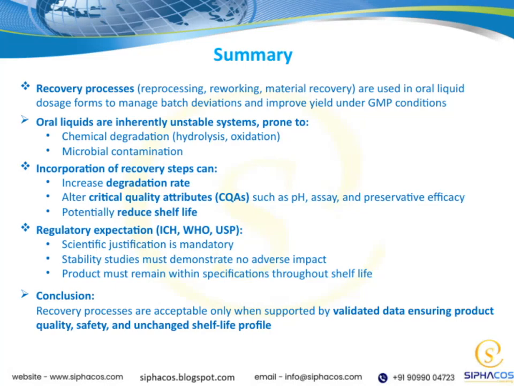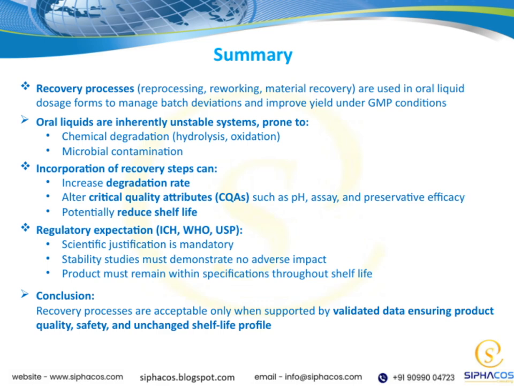Let's take a moment to summarize the key points about recovery processes in oral liquid dosage forms. These processes, which include reprocessing, reworking, and material recovery, are essential tools used under GMP conditions to manage batch deviations and to improve overall yield. Now, since oral liquids are inherently unstable systems, they are prone to issues like chemical degradation, such as hydrolysis and oxidation, and also microbial contamination.